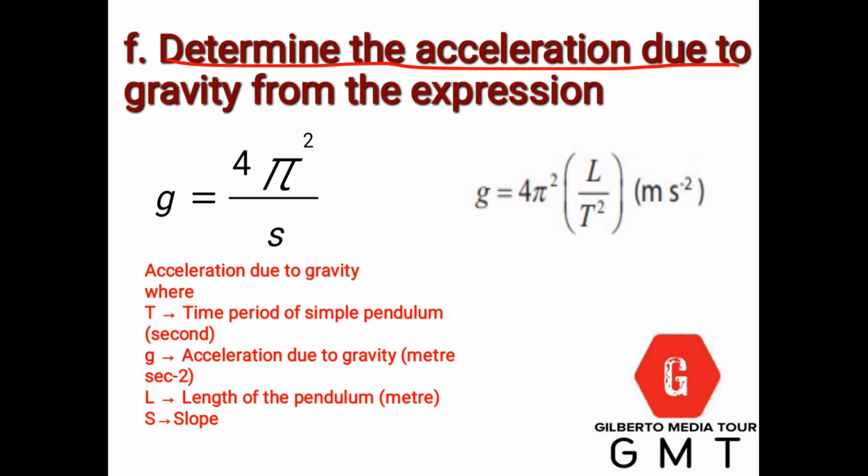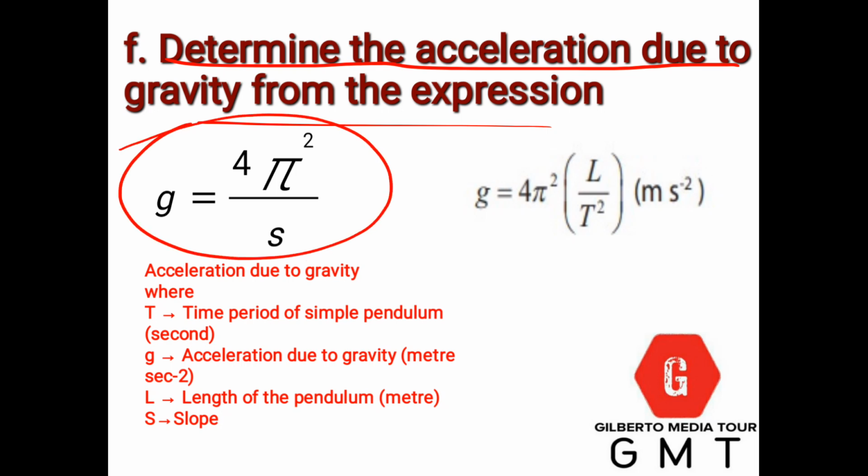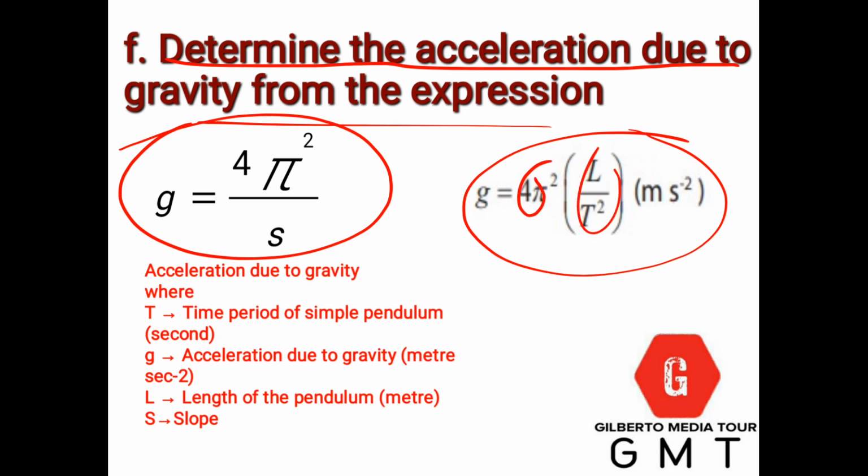The acceleration due to gravity g equals 4 pi square over s, where s is the slope, which is T square over L. Here T is the time period, g is the acceleration due to gravity expressed in meters per second square, L is length, and s is the slope.